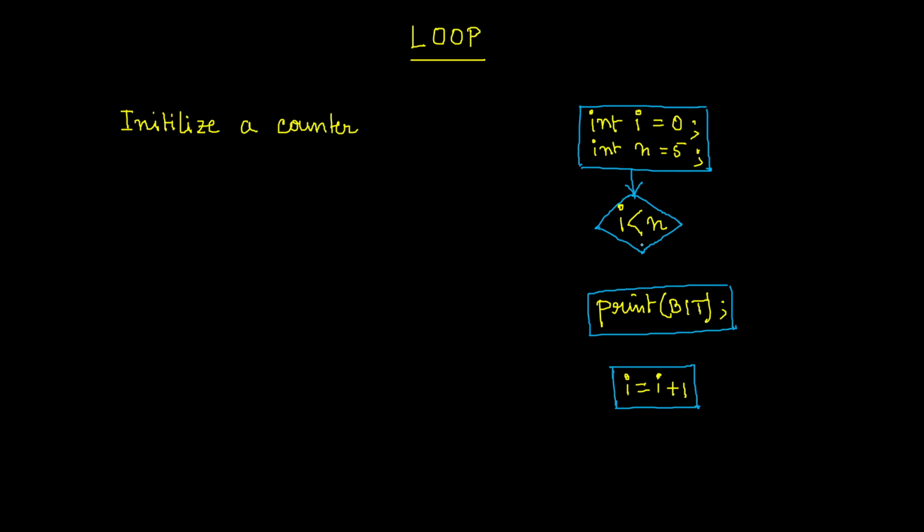Then if it is true, there is two ways. Either you will go, if i is lesser than n, yes, true. If it is false, then it will go to this part where I have something, you can say the end of that total execution. Anyway, if it is true, then it will print and then it will increase this counter, and then you are going back to this checking again, you are not reinitializing this i and n. So that means if I just draw the arrow, it will be somewhere something like this.